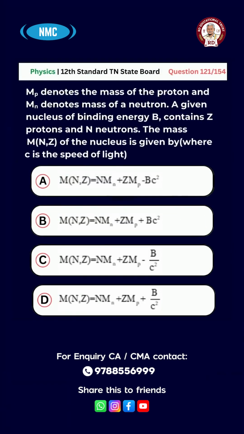Question number 121. Mp denotes the mass of the proton and Mn denotes the mass of a neutron. A given nucleus of binding energy B contains Z protons and N neutrons.